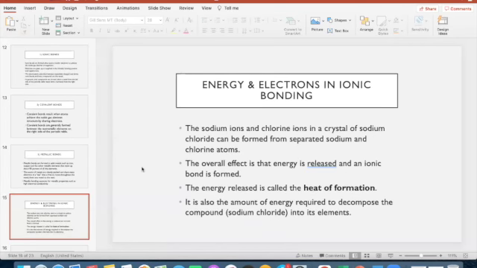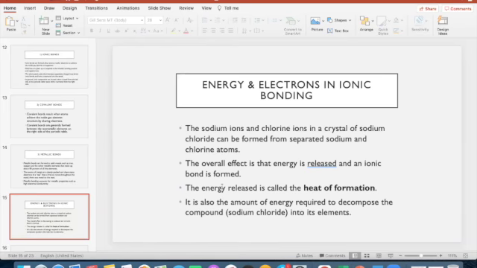All right, so you have energy and electrons in ionic bonding. So let's say we have sodium and chlorine, which is your table salt, and you separate the sodium and the chlorine into their individual atoms. The overall effect is that energy is released and an ionic bond is formed.